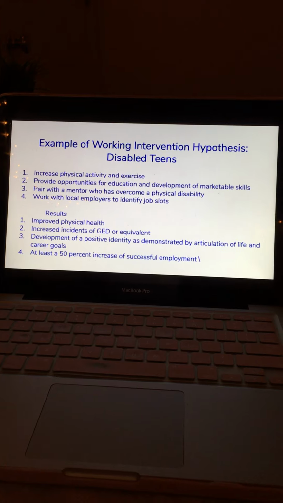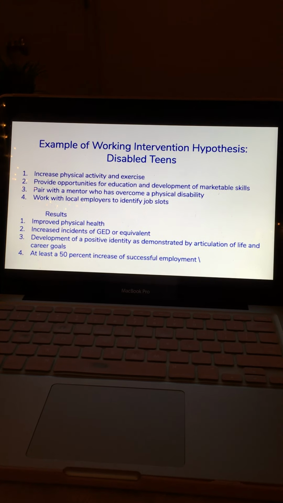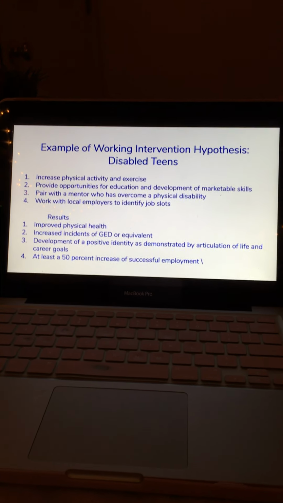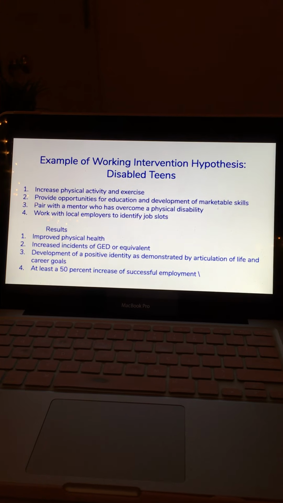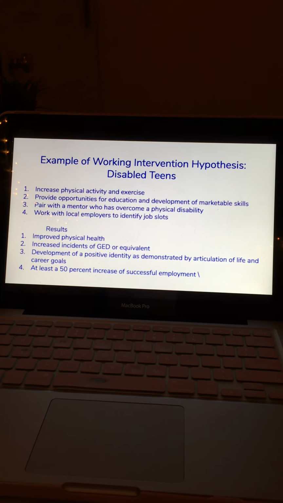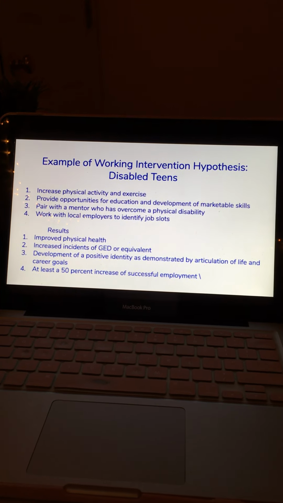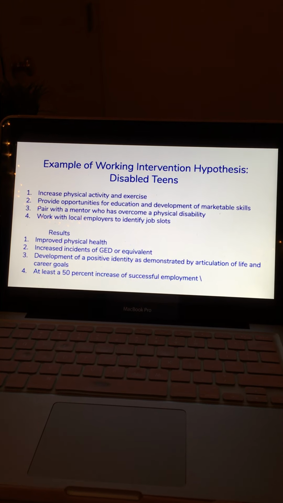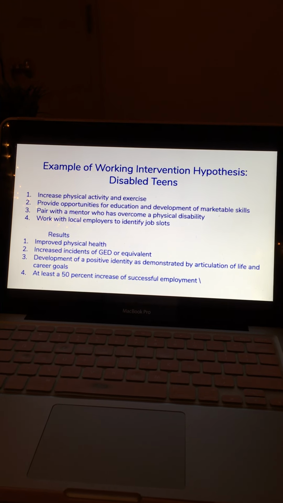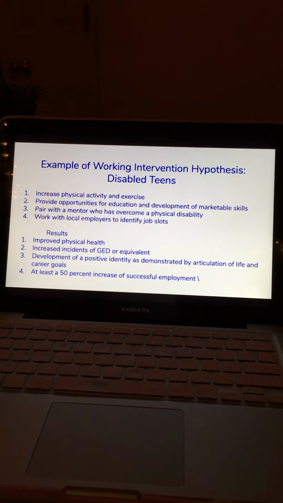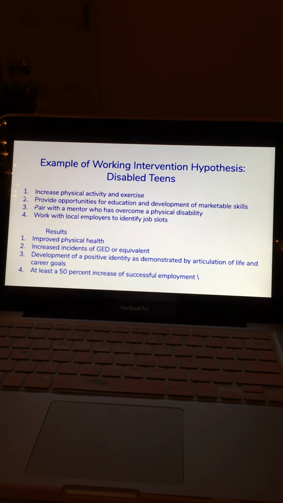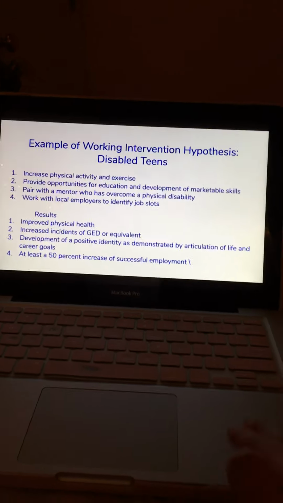Once those plans are in place, the results are improved physical health, increased incidence of GED or equivalent, development of a positive identity as demonstrated by articulation of life and career goals, and also at least a 50% increase of successful employment.